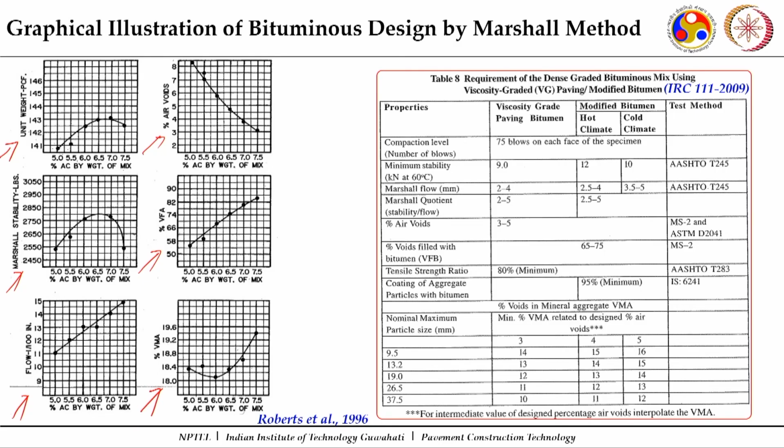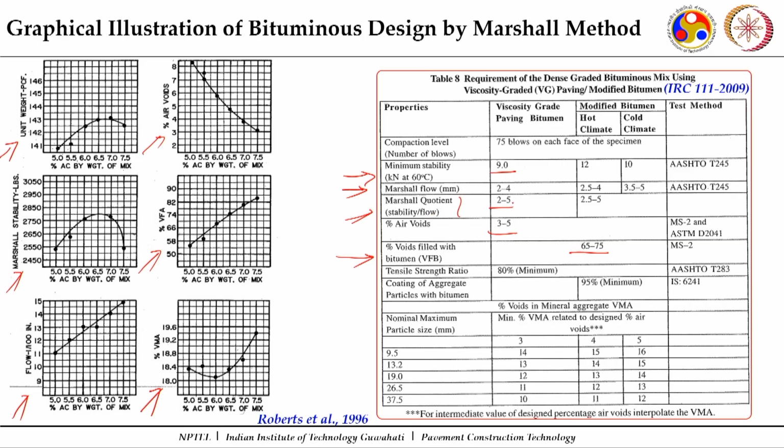For different mixes we will have different requirements in terms of voids in mineral aggregates, and here we can see the requirement for voids filled with bitumen. The air void requirement is 3 to 5%, the Marshall stability requirement is a minimum of 9 kN, and the Marshall flow requirement is 2 to 4. A ratio of Marshall stability and flow is also given, called the Marshall quotient.